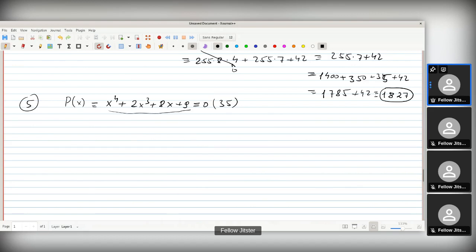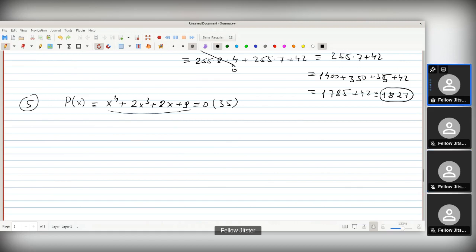How can one proceed? The most obvious option is to try all 35 remainders modulo 35. You can brute force it, trying all the numbers 0, 1, 2, and so on, up to 34. Is this idea clear?